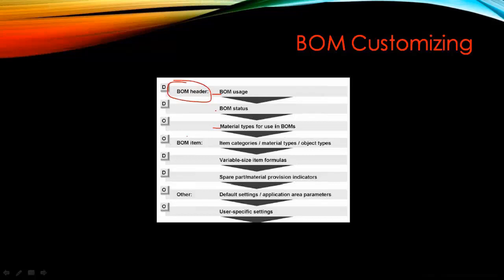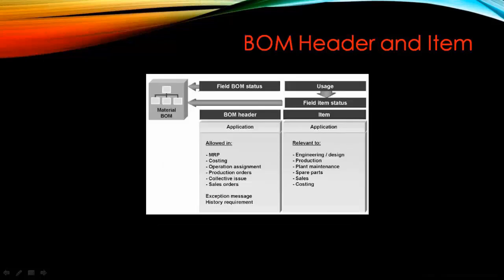And then we have the BOM item level, under which we have different types of customizing that we're going to see in today's class. So, BOM header and item. We'll start with this customizing and see the different options available for the BOM header and also for the items.